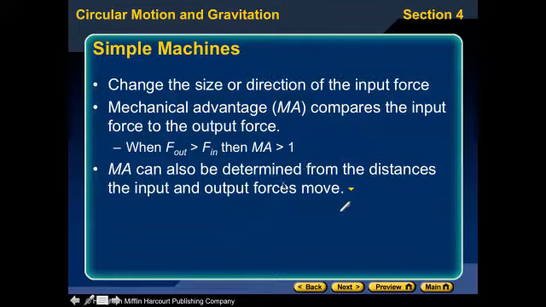It's basically showing you how efficient your machine is going to be. Mechanical advantage can also be determined from the distances. We can take the output force divided by the input force to give us our mechanical advantage, or the distance in versus the distance out, so how far you move the machine versus how far the machine moves the object.